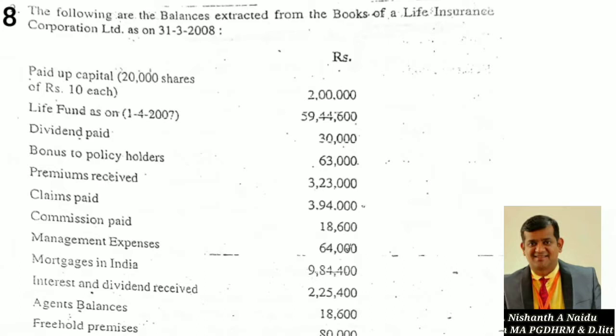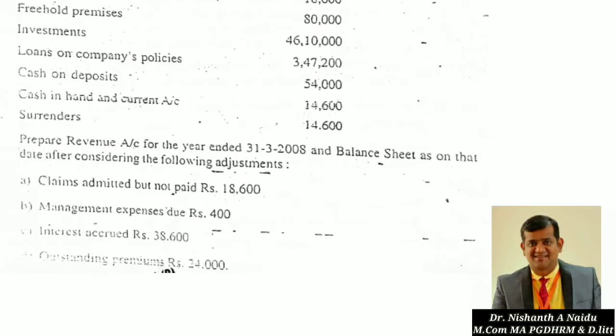Mortgages in India 9,84,400 rupees. Interest and dividends received is 2,25,400 rupees. Agents balances 18,600 rupees. Then freehold properties, it is freehold premises, 80,000 rupees.